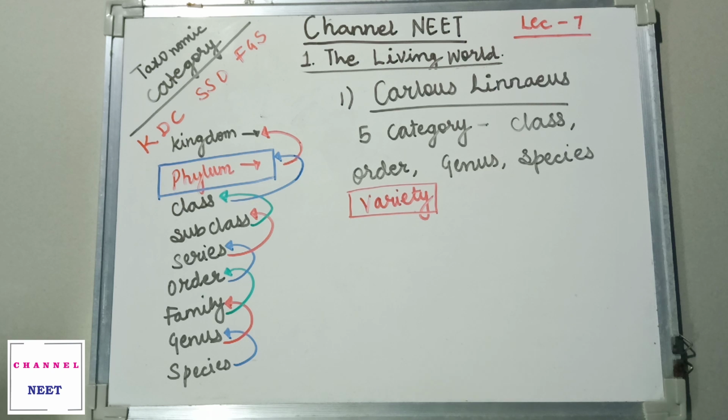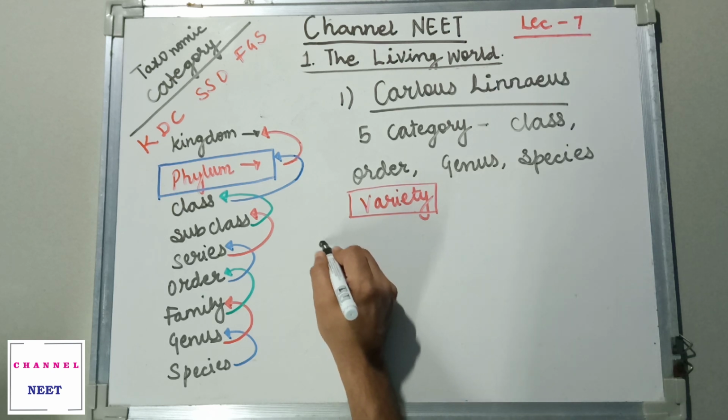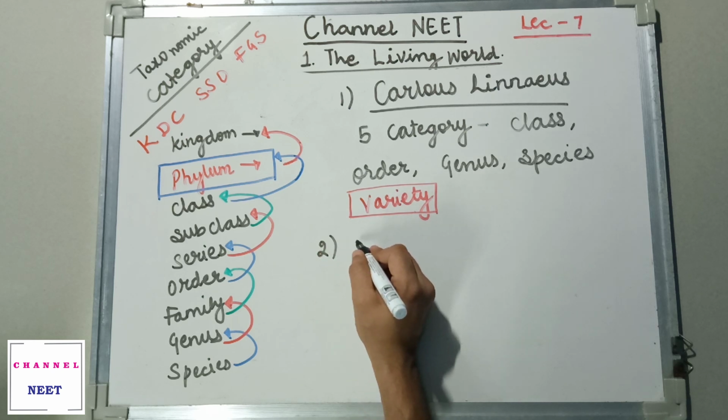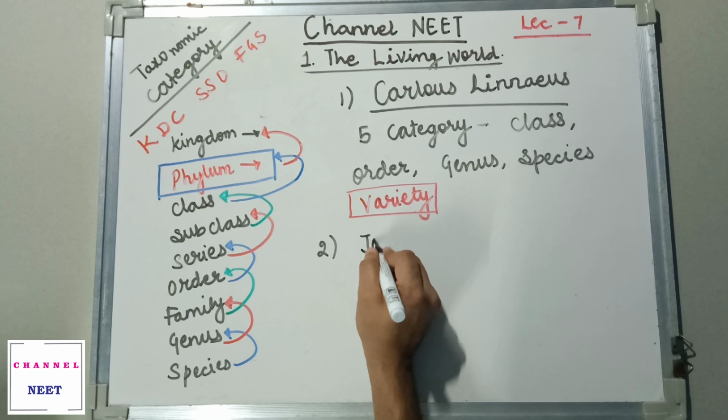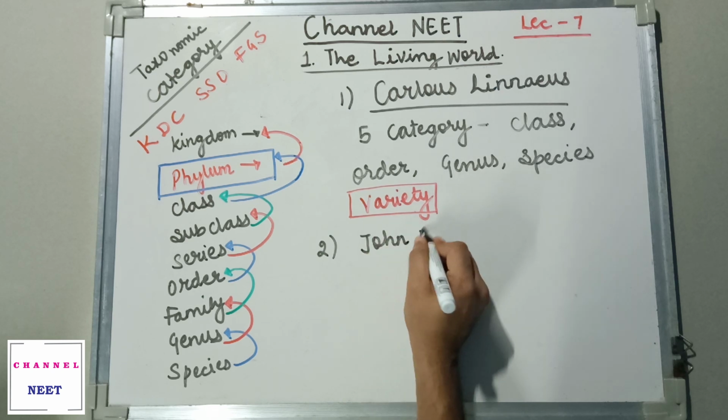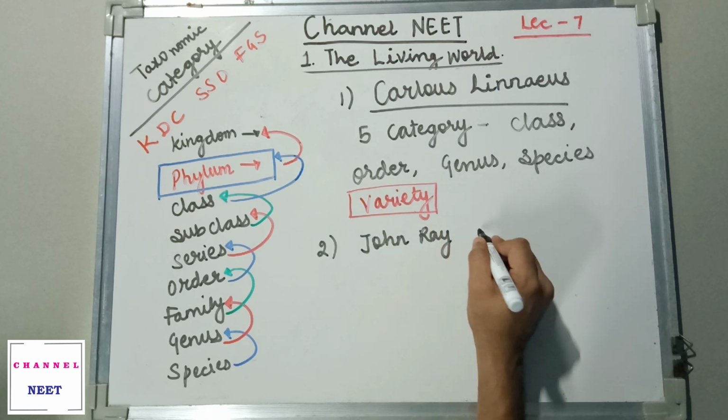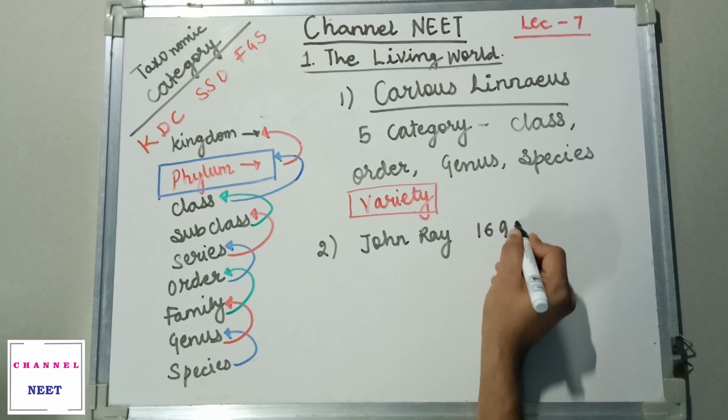Now the next point: there is a scientist named John Ray. John Ray is important in 1693.